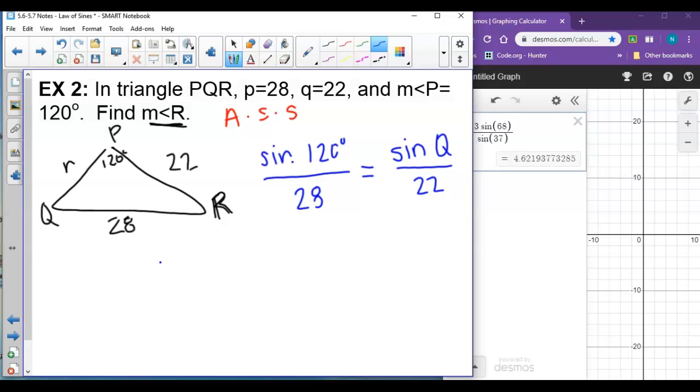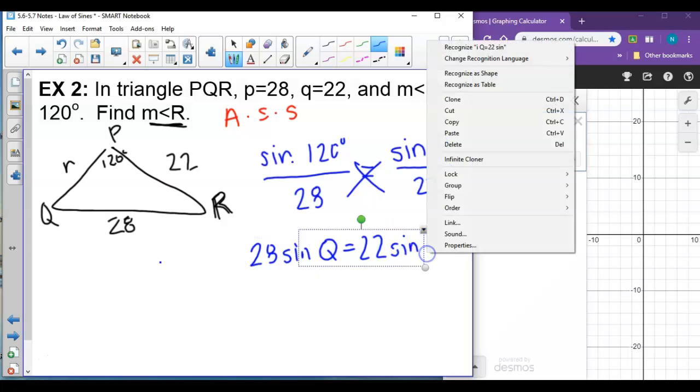And to solve this, just like the last problem, we're going to cross multiply. And so we'll have 28 sine Q equals 22 sine 120.